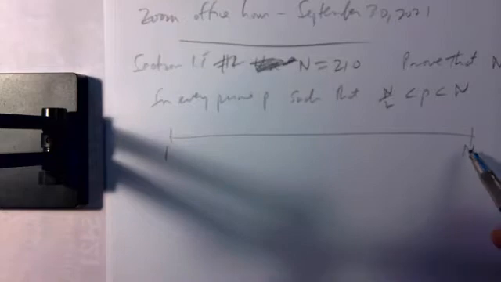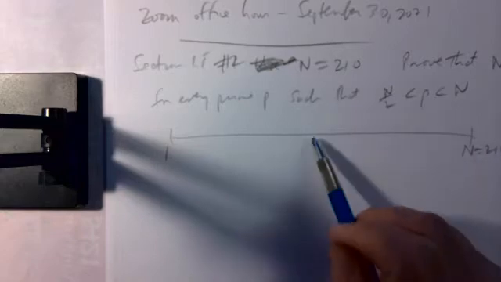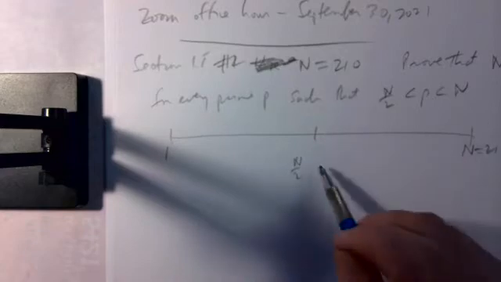So you can think of the following picture. Here you have the integers from 1 up to n. In this case, n is 210. N over 2 is half of that, that's 105.